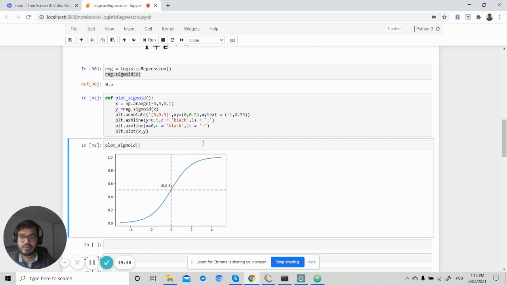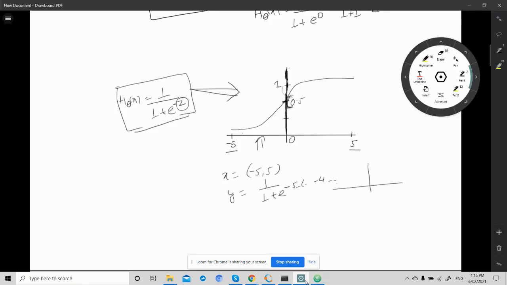So this is how we plot our sigmoid equation. So this is my boundary line, as I mentioned. Anything above this is all positive value, and anything below this is negative value.